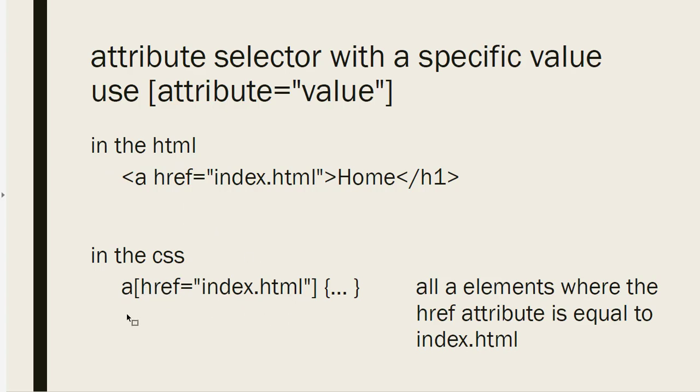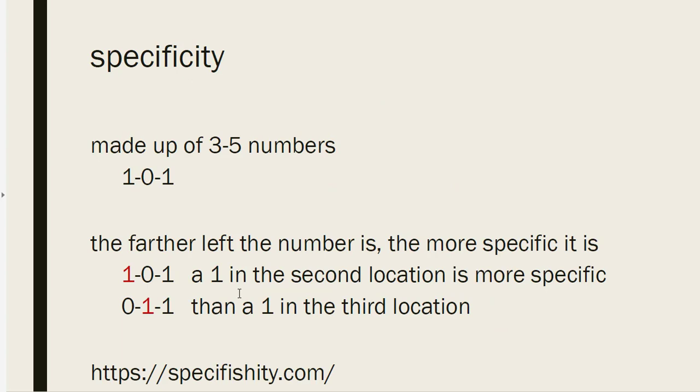So here this will pick up an A element that has href set to index.html, and that's the only place that the style will be applied. It'll only be applied to A links that have the href equal to index.html. And there are other ones that say, this is a part of what the value is, or this is the first part. Anyway, there's other ones too.